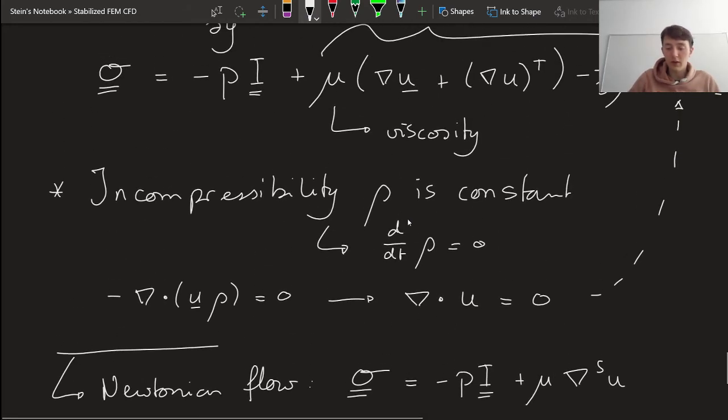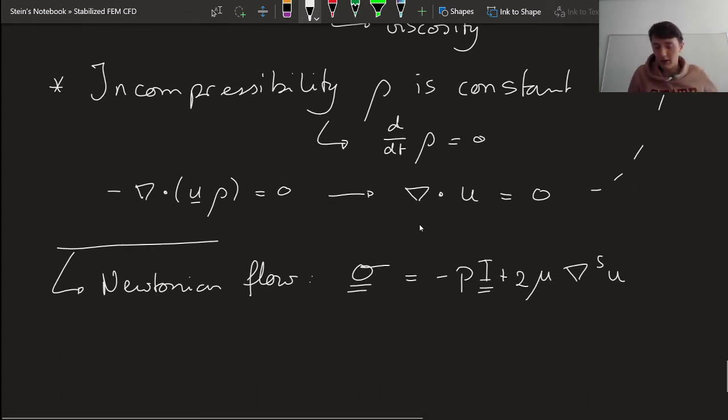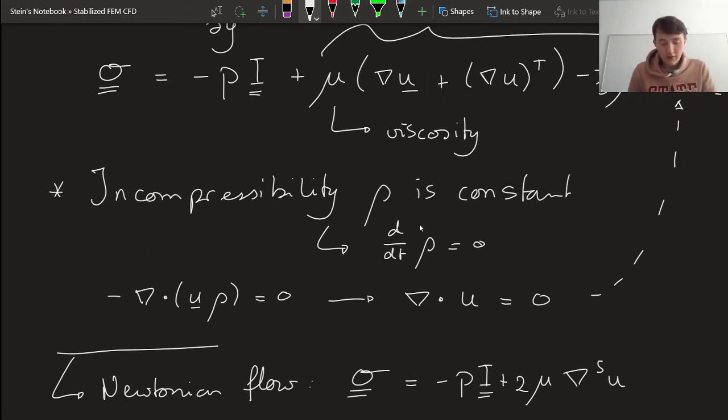Yeah, so this is also probably twice the symmetric gradient. Let me see, am I actually using that in my notes? Doesn't look like it. It doesn't matter. Okay. So that's the simplified constitutive law for a Newtonian flow.